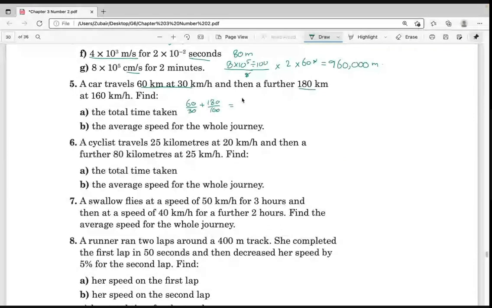So we'll get our total time. 60 divided by 30 plus 180 divided by 160. And I'm getting 25 by 8 hours, which is 3.125 hours.